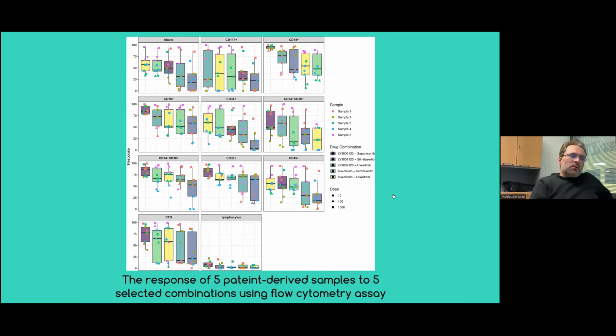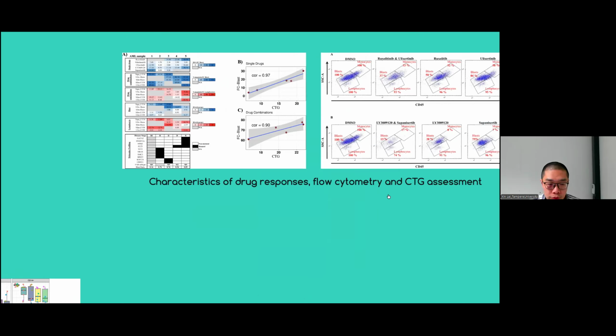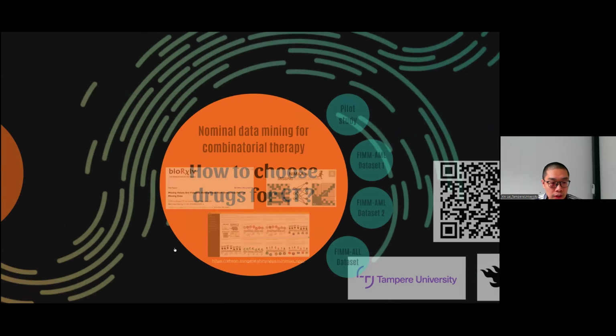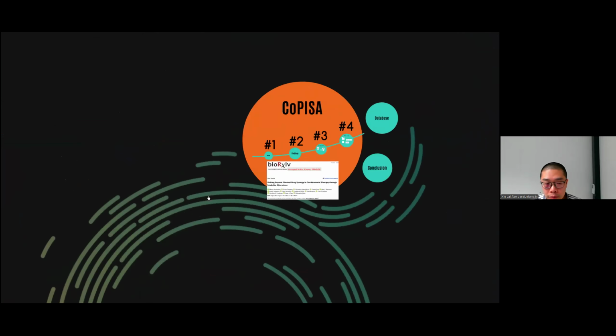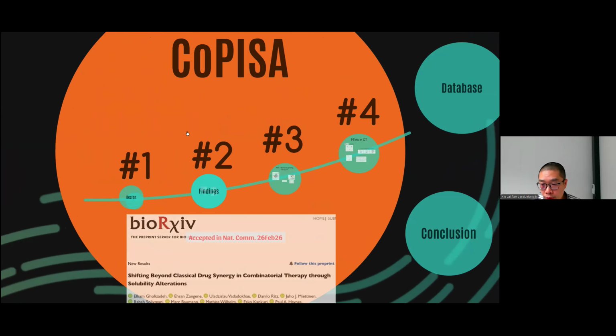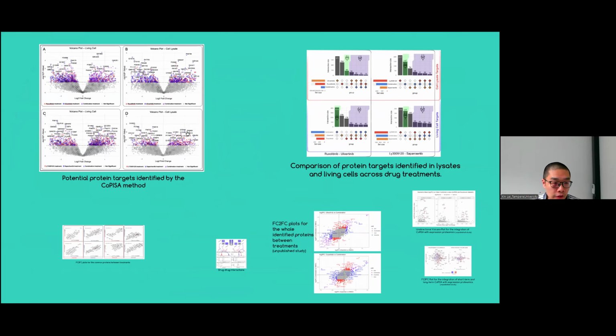You show these Boolean gates with combined proteins that function in an AND gate function. So how was this exactly identified?